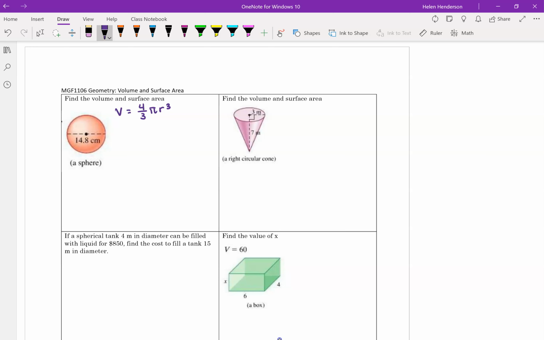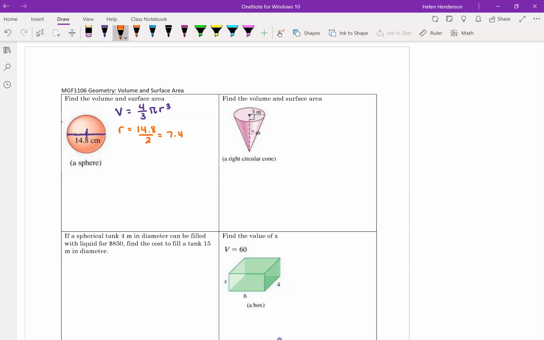Okay, well, we don't actually have r. We've got d, the diameter all the way across. We want r, which is only halfway across. So we've got a little pre-step here. To find the radius, we take that diameter and divide it by 2, which gives you 7.4.